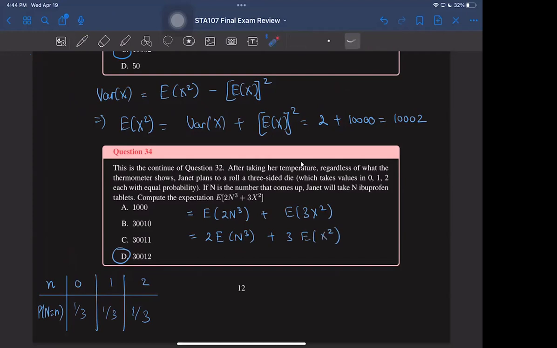And in the previous question, we calculated expected value of x squared, which is 10,002. So we know this value, and we are only interested in calculating this one, which means we need to calculate expected value of n cubed.